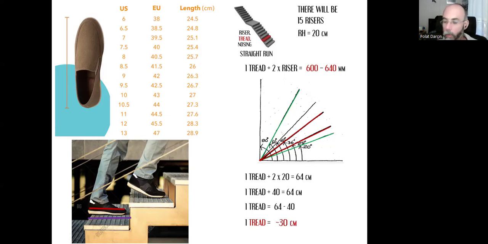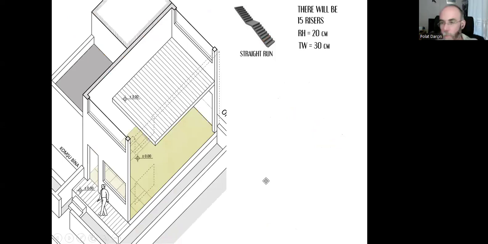So instead of 24, let's think about the shoe size and the foot length. And as you can see, it's almost 30 centimeters. We should take 30 centimeters as the tread width. So let's note that too. Our tread width will be 30 centimeters.